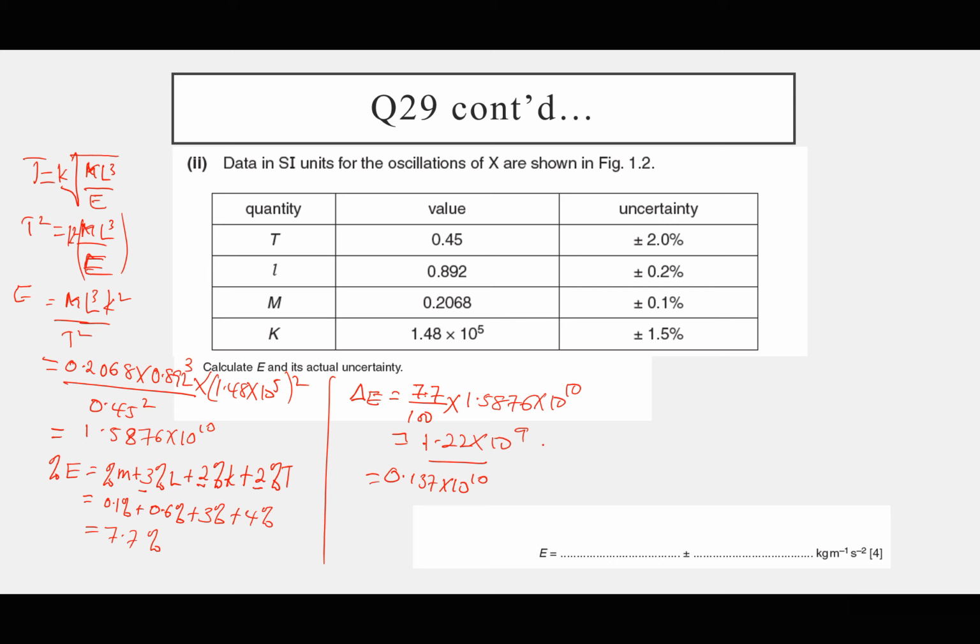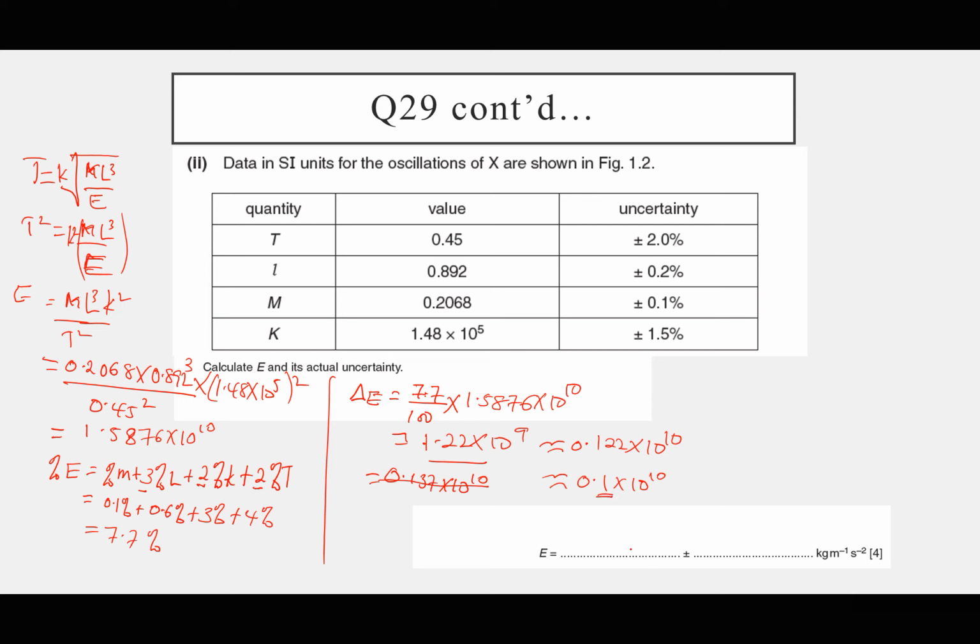Okay, so this is the same as 0.122 times 10 power 10. And then to one significant figure, this will be approximately 0.1 times 10 power 10. This is one decimal place.